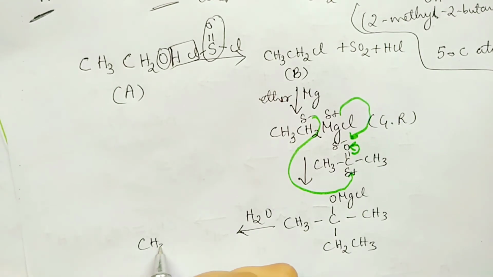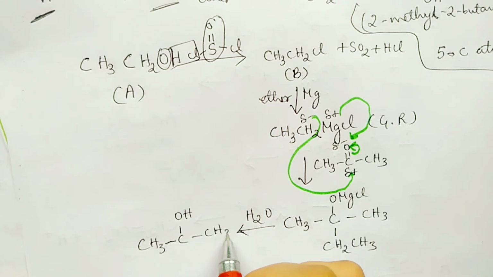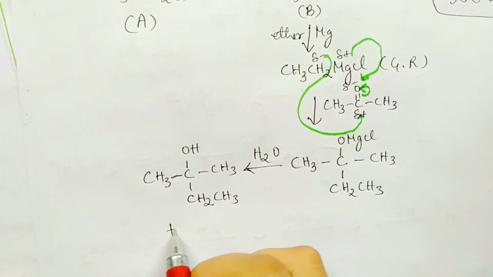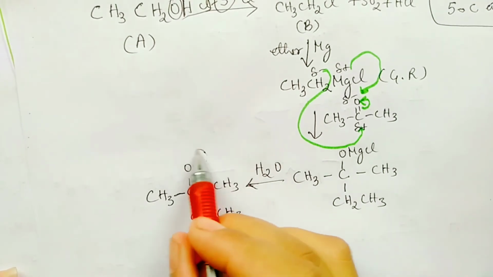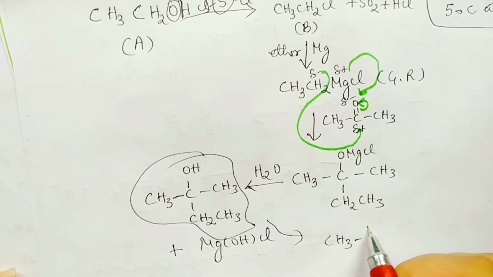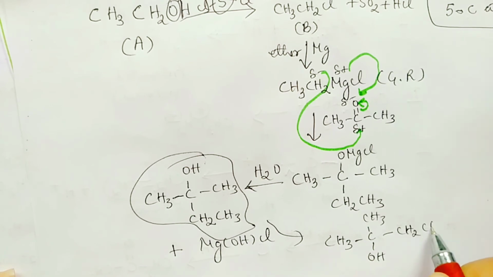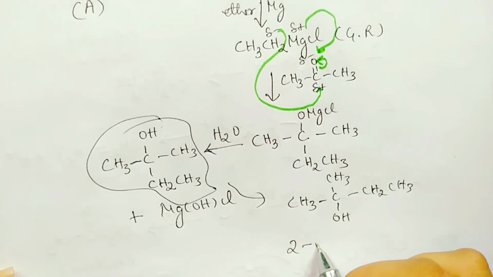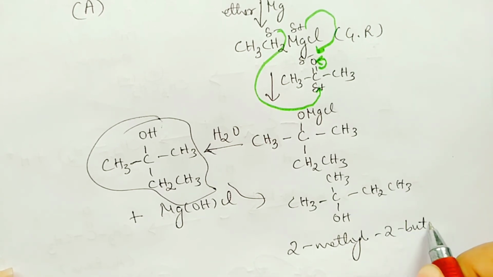Once you hydrolyze, what do you have? You have this compound, OH, CH3, CH2, CH3 plus MgOH. What is this? This is nothing but your CH3, CH3, OH, CH2, CH3, which is our 2-methyl-2-butanol.